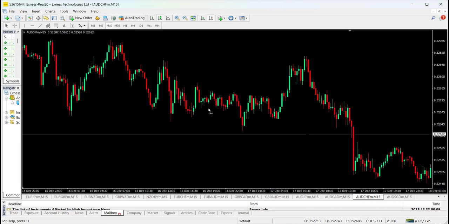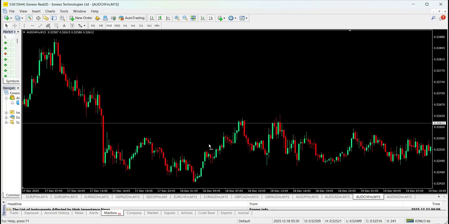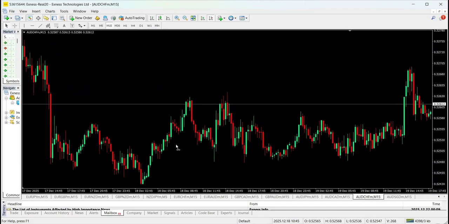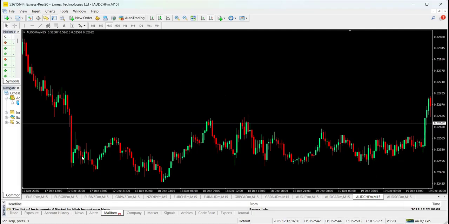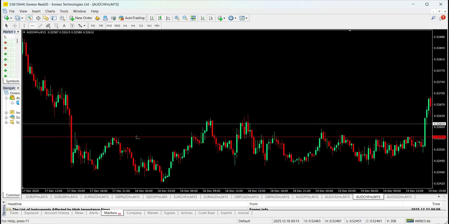Now, if you look at this area as well, we can see the same thing play out here. Okay, this market went down, went up, and down, right? And then there was a change of character at this level, right?